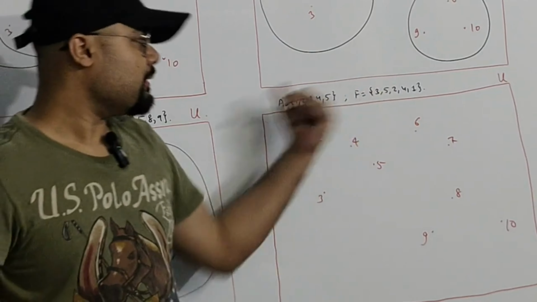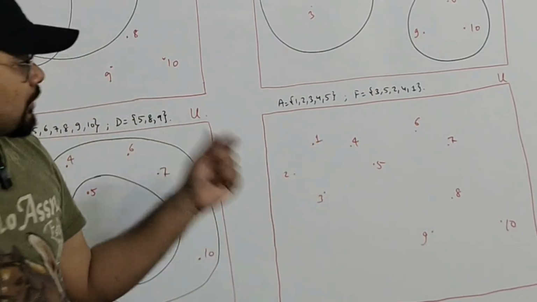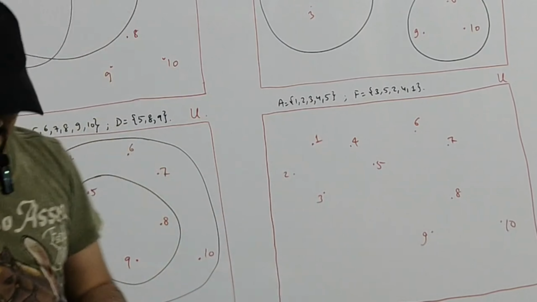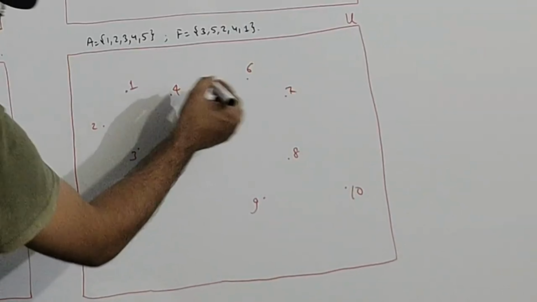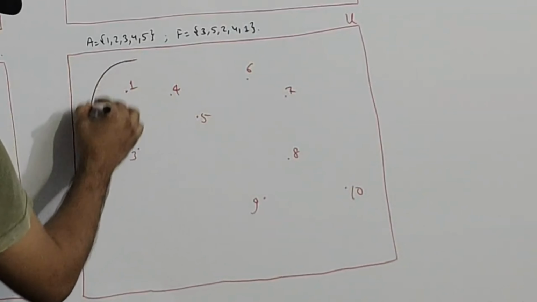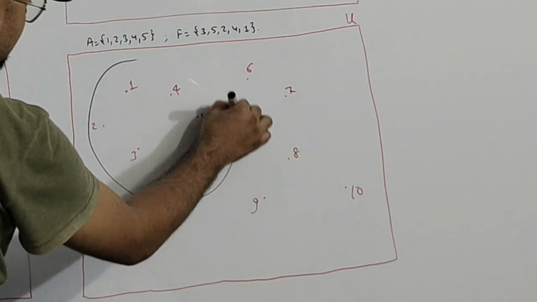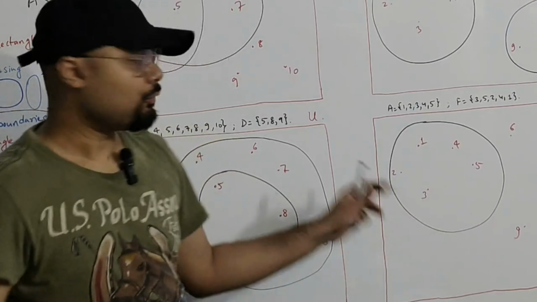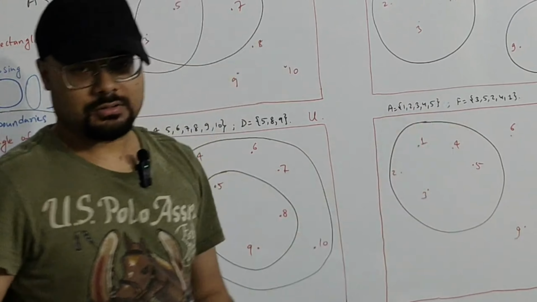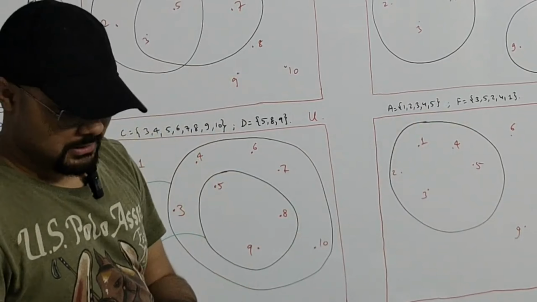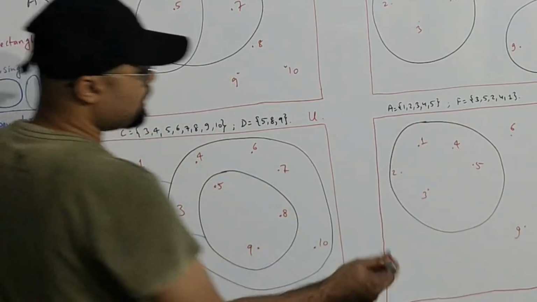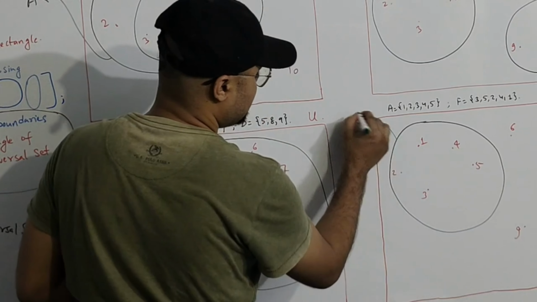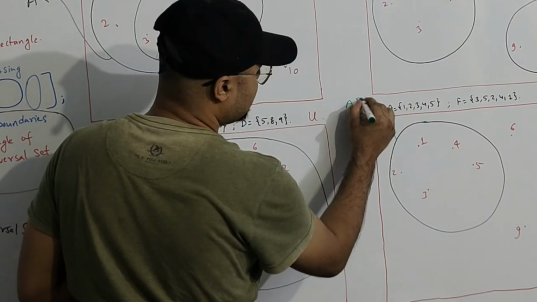So both have the same elements. So they are equal sets. A and F are equal sets. This is how you will represent A and F. Both are equal sets, so their Venn diagram is just one circle, and this one circle represents both A and F.